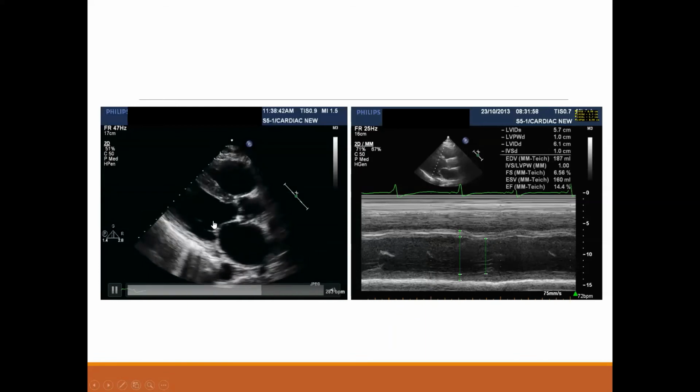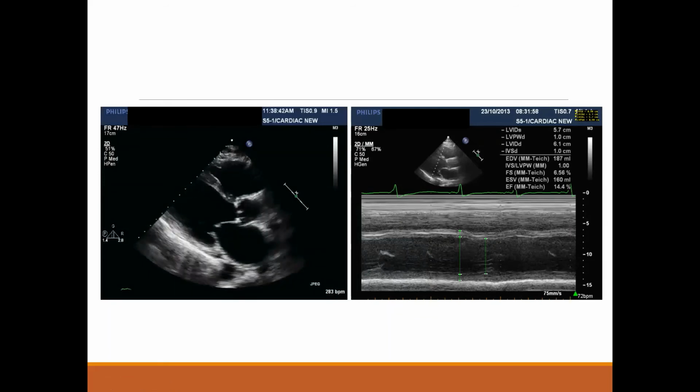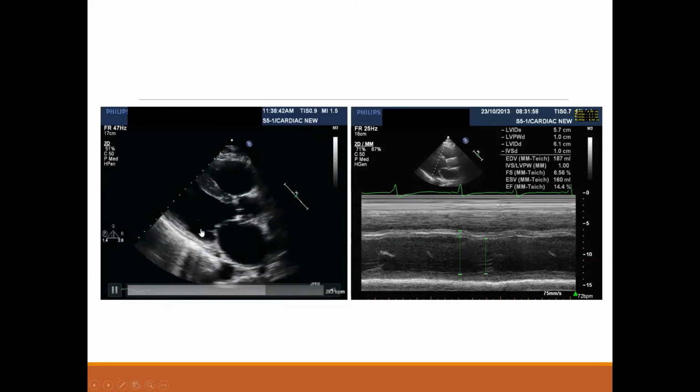But it is so effaced because it's stretched out because of the annulus or because of the apical tethering of the posterior leaflet. And if you compare the movement of the anterior and the posterior, you will find that the posterior is not moving as much as the anterior leaflet.